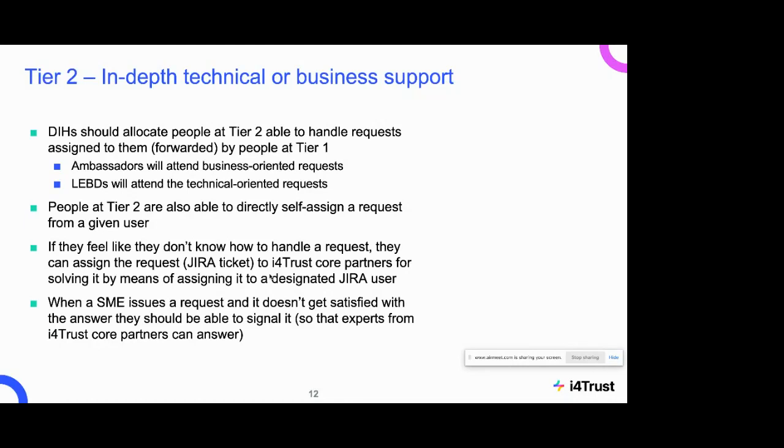But you may decide, okay, here I am with my labs and ambassadors, and I can assign the tickets to myself in tier 2. People at tier 2 will have users in the Jira system, and they will be able to self-assign requests.